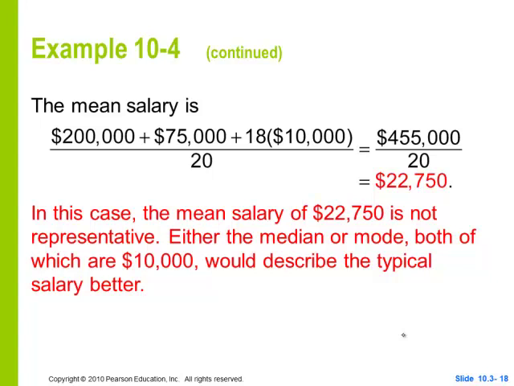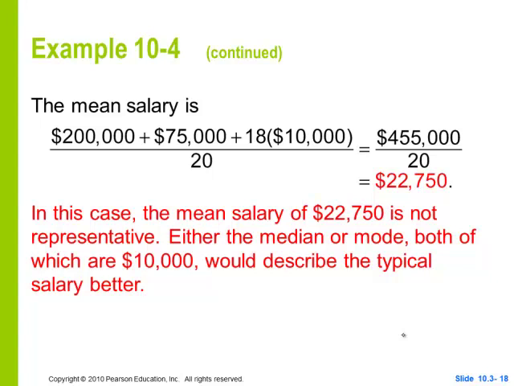If you were to list them, all 18 of these 10,000s, and then the 75,000 and the 200,000, halfway in between would definitely be 10,000. So the median is a whole lot better when it comes to salaries like this, or how much a house is worth in your neighborhood. People actually would rather use median than mean.